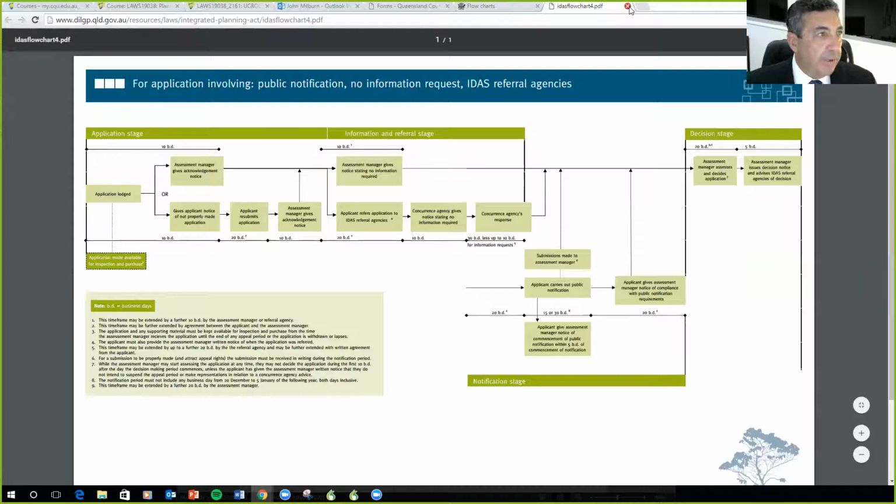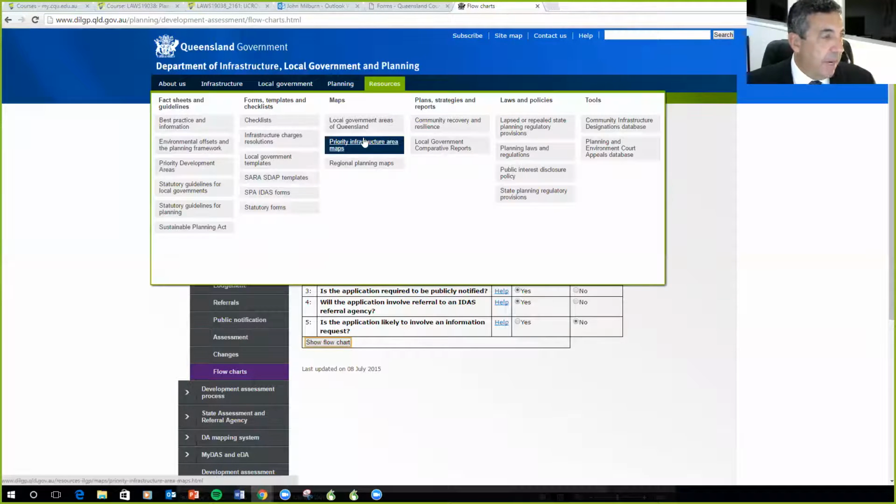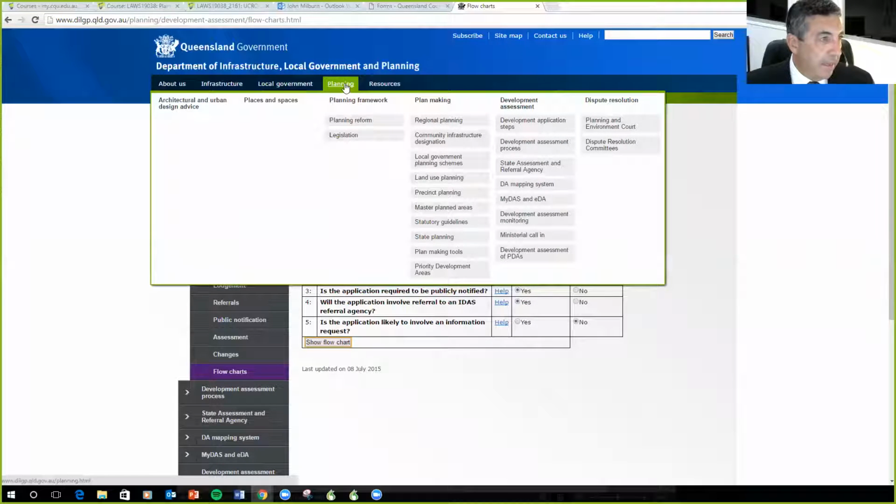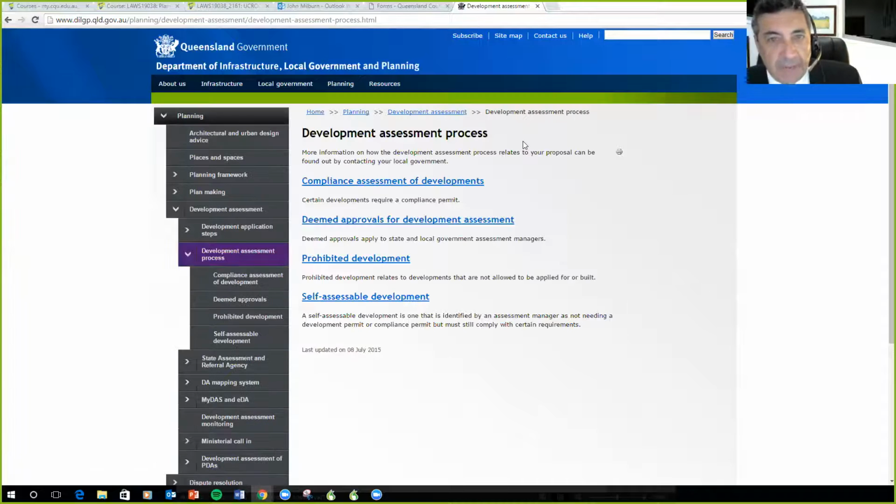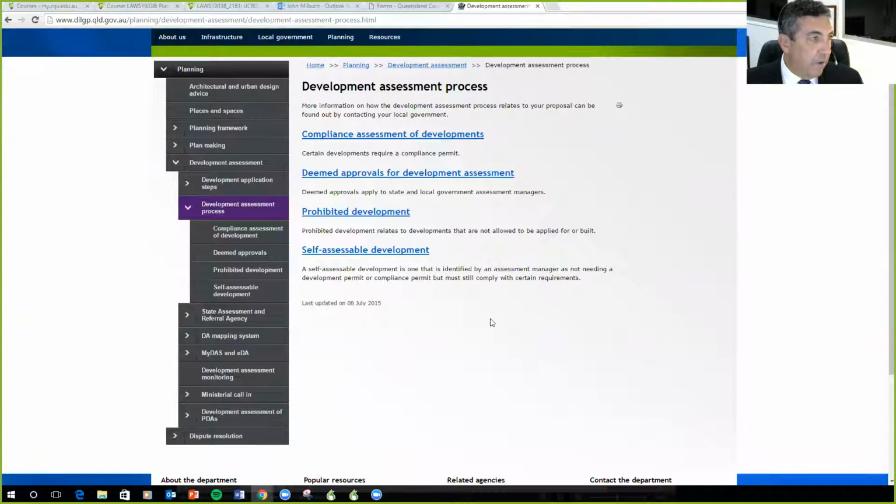If I go back to that page, I'll also refer you to development assessment processes generally, which is the planning development assessment process, and it has information about the compliance assessment, deemed approvals, self-assessable development, things that are really very useful.